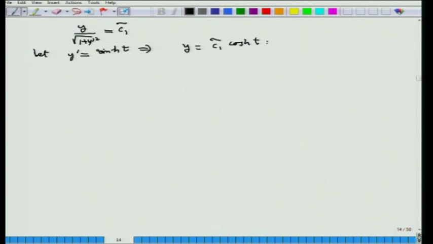So, y comes out in this parametric form.